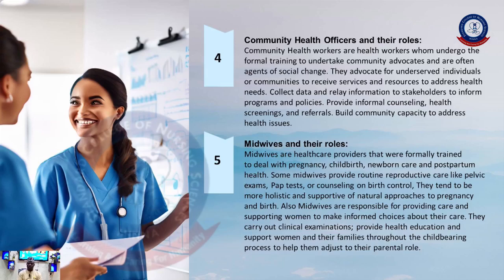They advocate for underserved individuals or communities to receive services and resources to address health needs, collect data, and relay information to stakeholders to inform programs and policies, provide informal counseling, health screening, and referrals. They build community capacity to address health issues. So we say community health officers under their roles. In a nutshell, these are the people that undergo specific trainings.